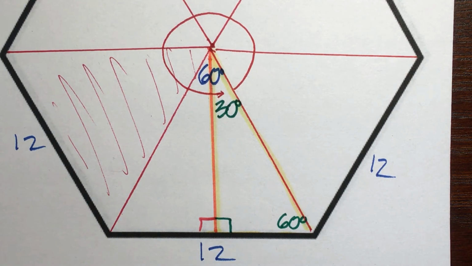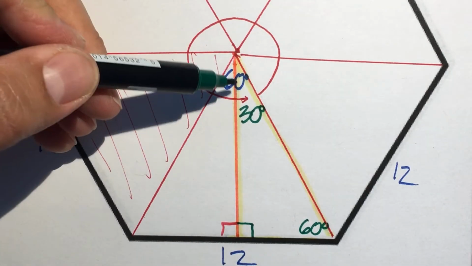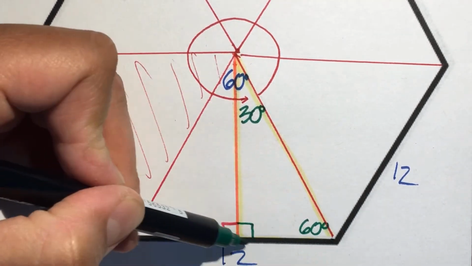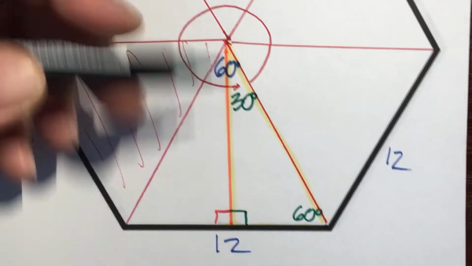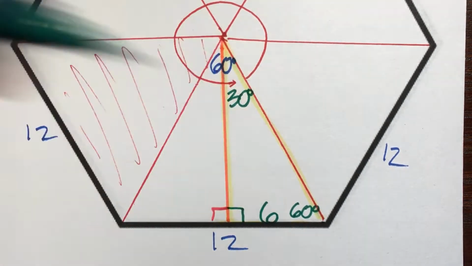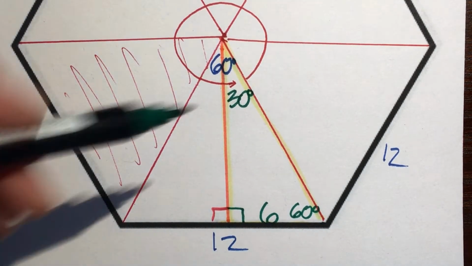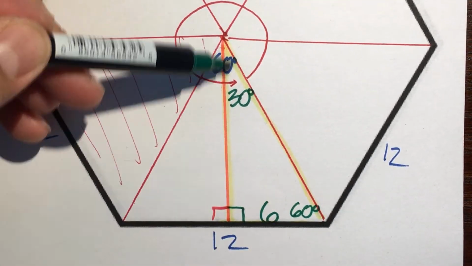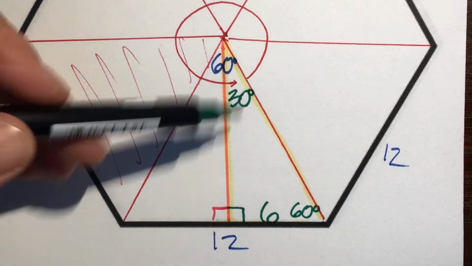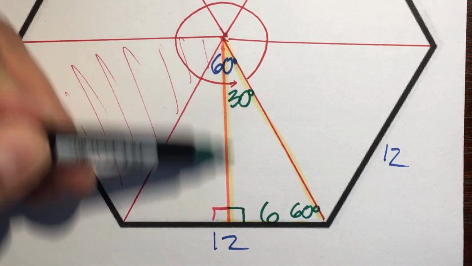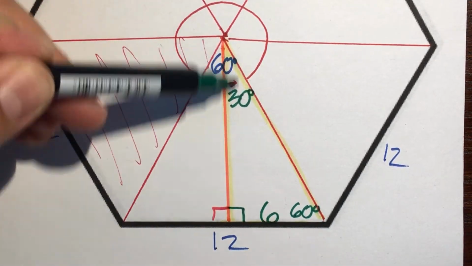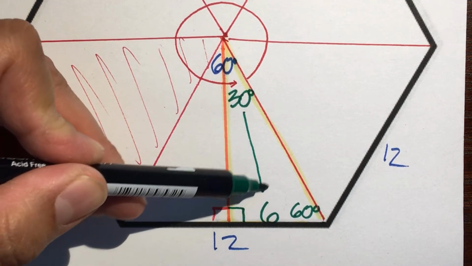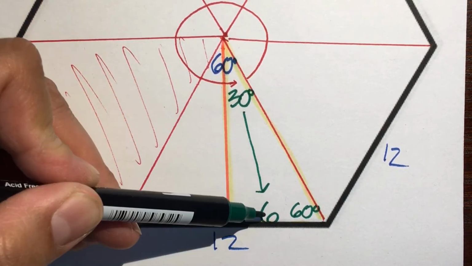It's great to have different colored markers. Because we split this triangle in half, the length from here to here is 6. And because we've identified this triangle to be a 30, 60, 90 triangle, this right here is opposite the 30 degrees, so this is the short side.